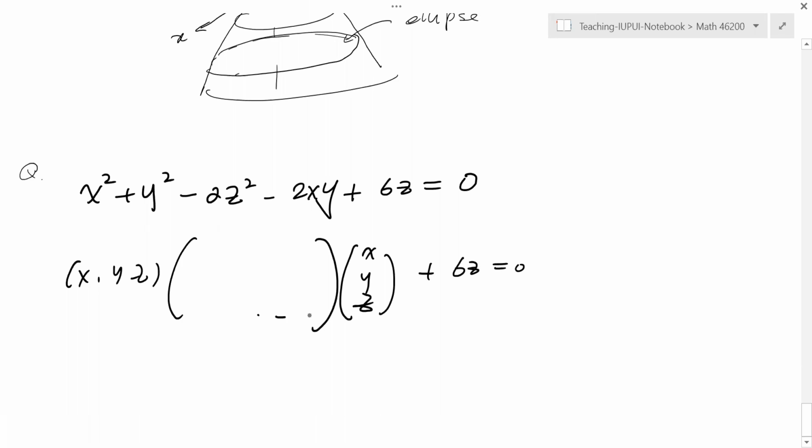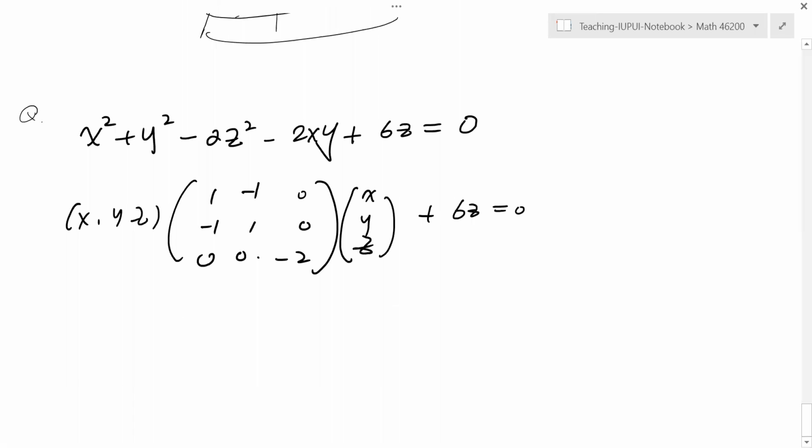This will be -2. I think that this should be 0, 0. Then I get 1 and 1. I'm pretty sure this is also a minus 1, minus 1. So this is a matrix.